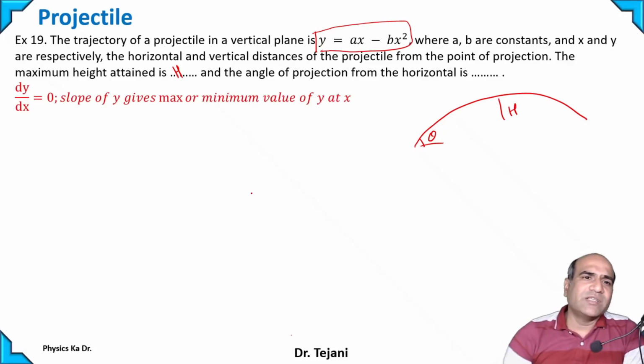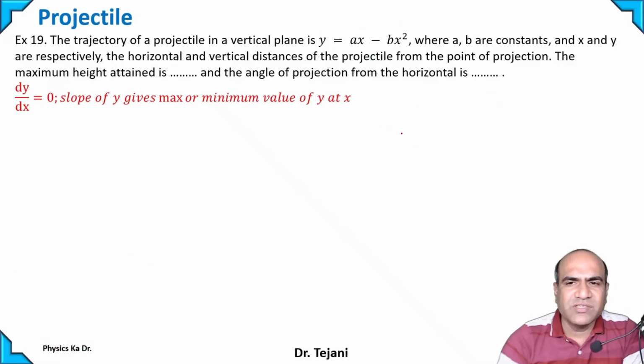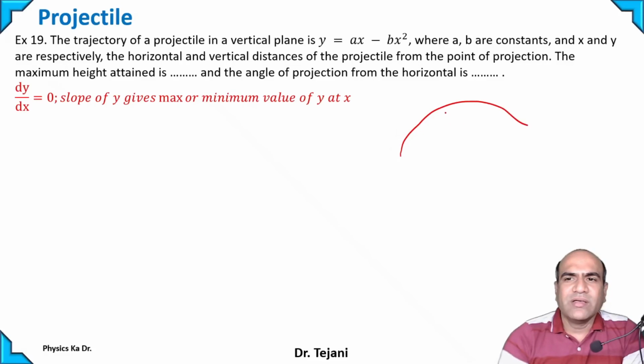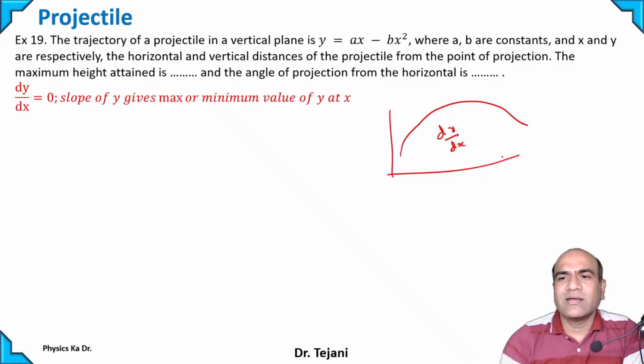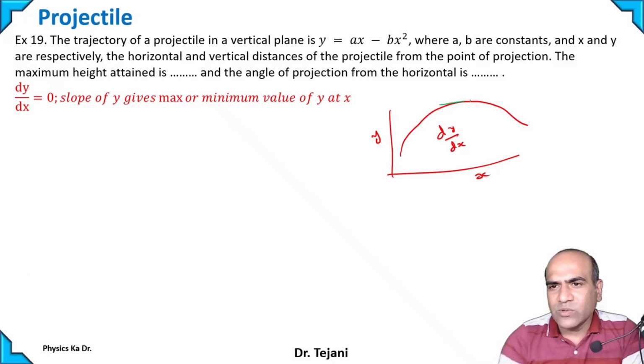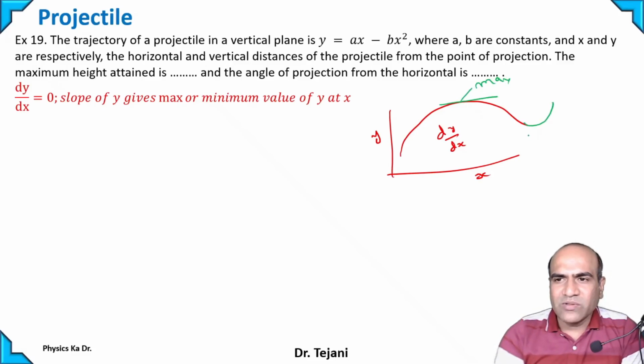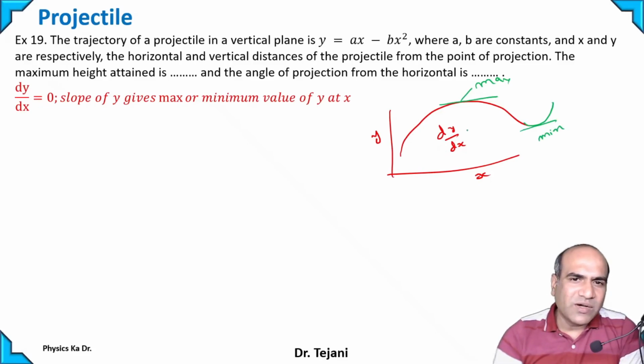The equation is given. Whenever we need some kind of maximum or minimum, we do differentiation. dy by dx gives the slope of x versus y. When dy by dx is zero, it is possible at a maximum point, or maybe a minimum. In projectile motion, only one possibility, it is maximum.